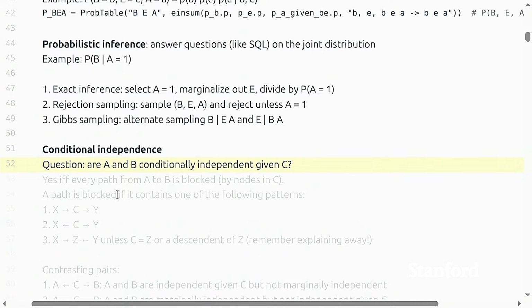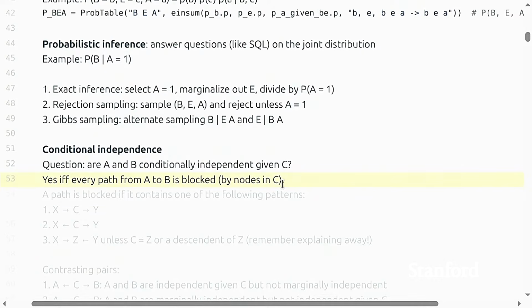And I'm going to present this in a slightly different way today than what I did last time. Hopefully this will be a little bit clearer, and I'll go through some more examples as well. So the answer is yes, if and only if every path from A to B is blocked, presumably by nodes in C.